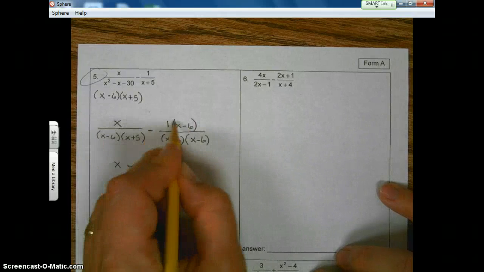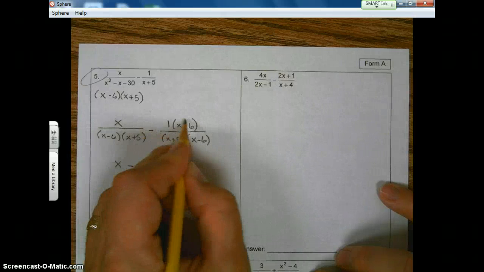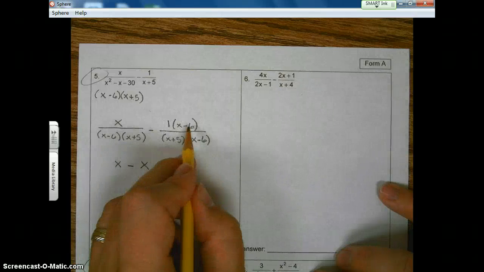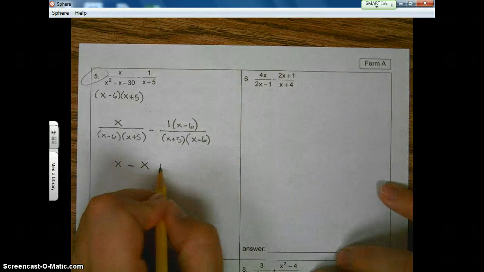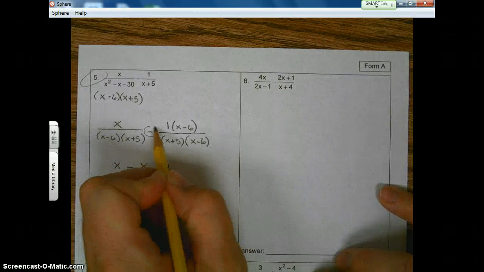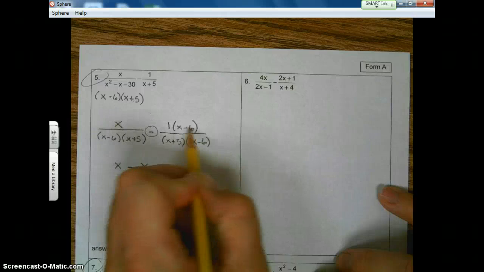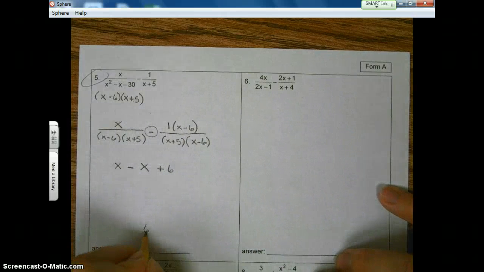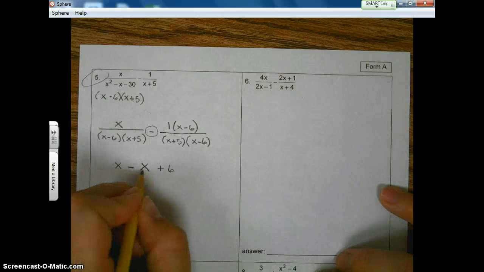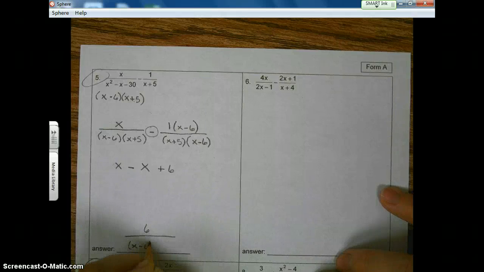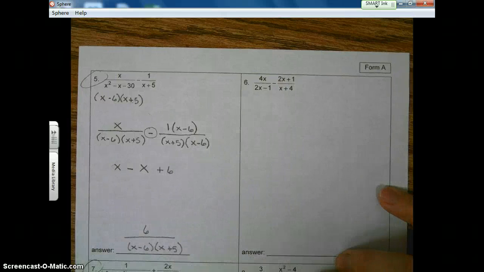So this is going to be minus x and minus negative 6. So minus x minus negative 6, which is plus 6. A lot of people miss that. We're subtracting both of these terms. So we end up with 6 on top because x minus x is 0 over our common denominator. And the order does not matter on the denominator.